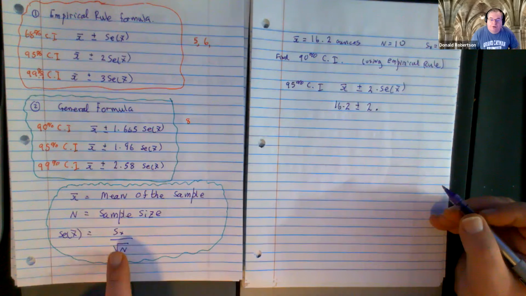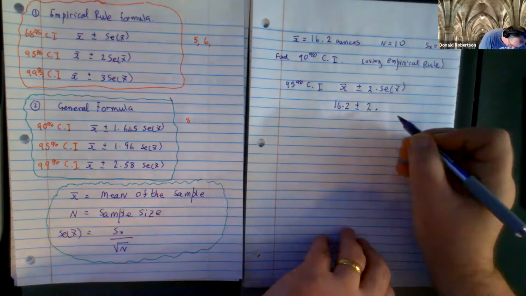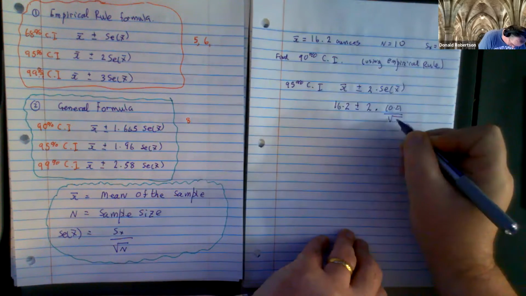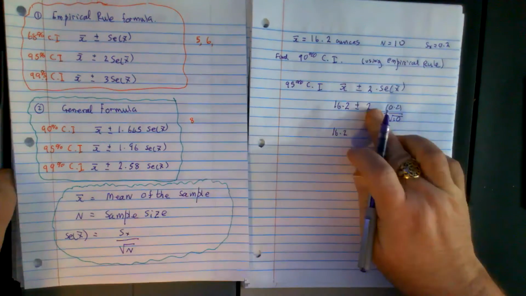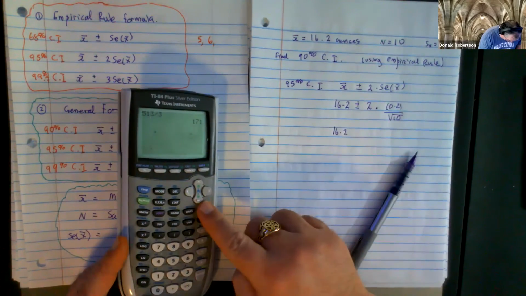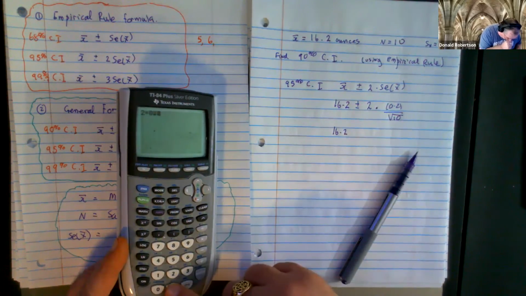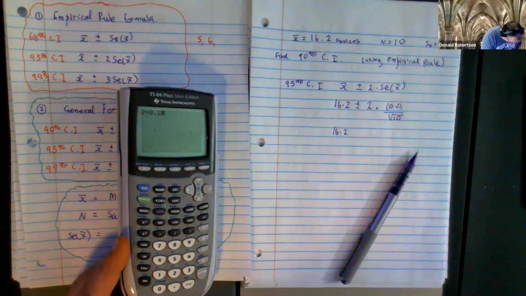So all you need to do is take the standard deviation, which is this, and divide it by the square root of the sample size. So do that on the calculator. It's going to be 2 times 0.2 divided by the square root of 10.